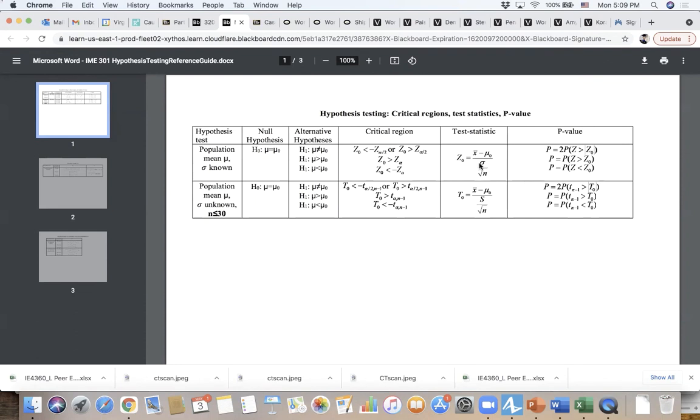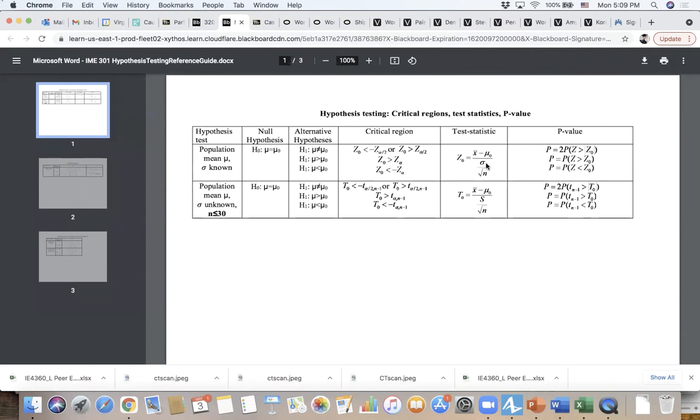The only thing is that instead of sigma, we put S, the sample standard deviation, since I don't have sigma. However, this has a Z distribution and not a T distribution. So everything stays the same, just instead of sigma, put S. That's the only change you need to make.